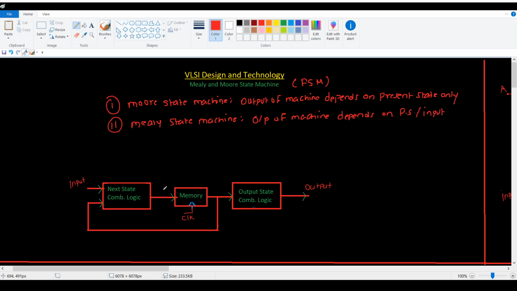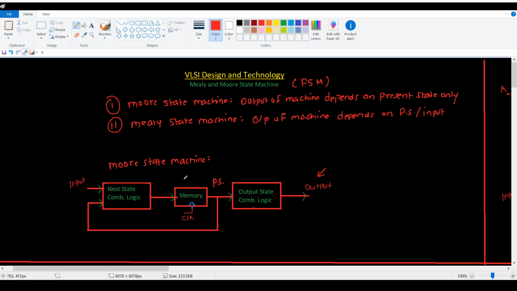Now let's consider this diagram. This diagram is related to Moore state machine. How is it related to Moore state machine? Here you can see this output only depends on the present state of the system.